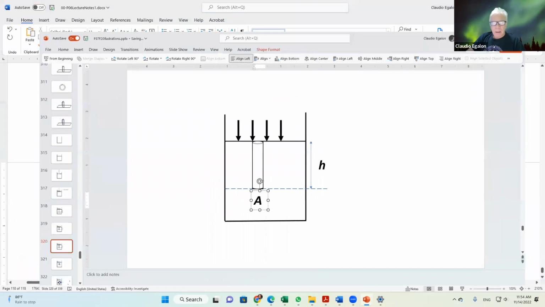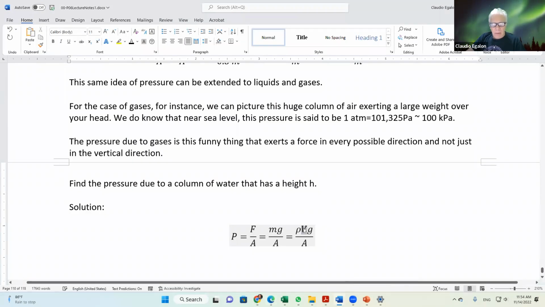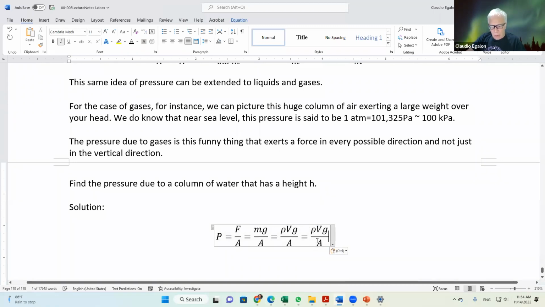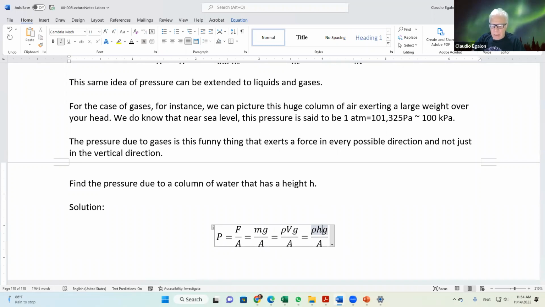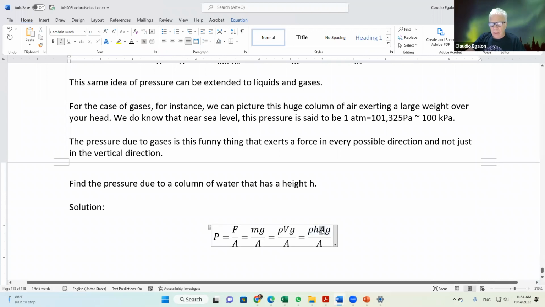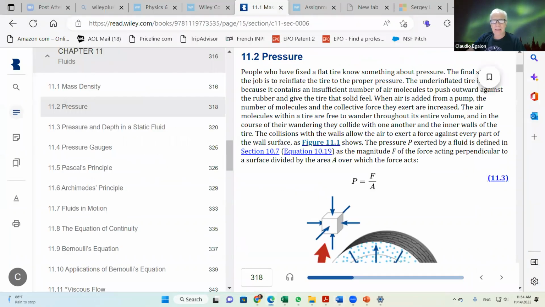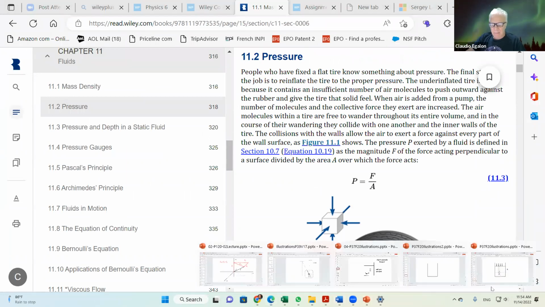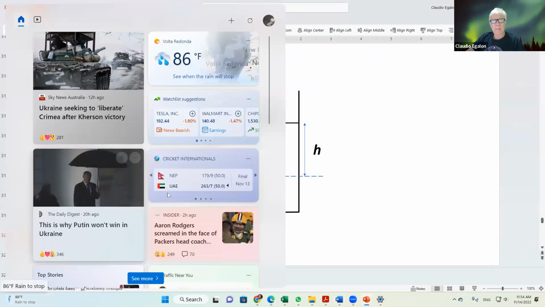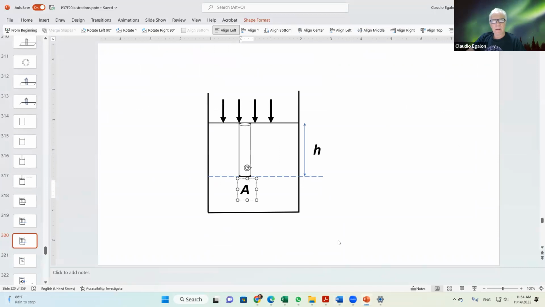So the volume is in reality the volume of that cylinder, which I'm going to write as H times A. And by the way, this A is the same A that's in contact with the top of your head. It's the same A.